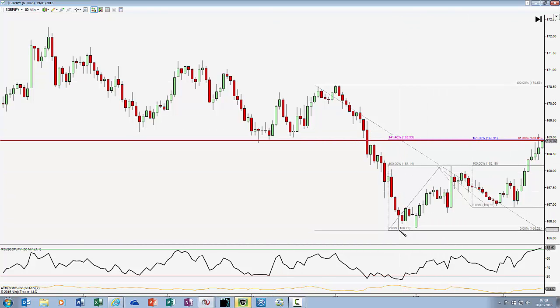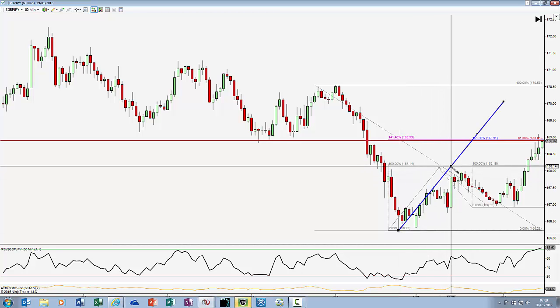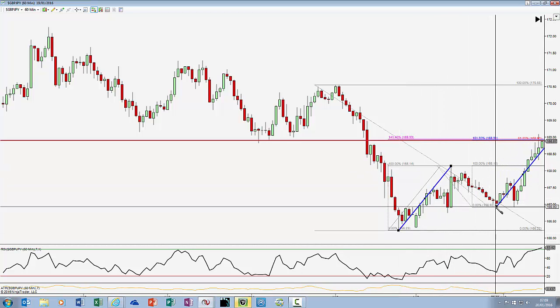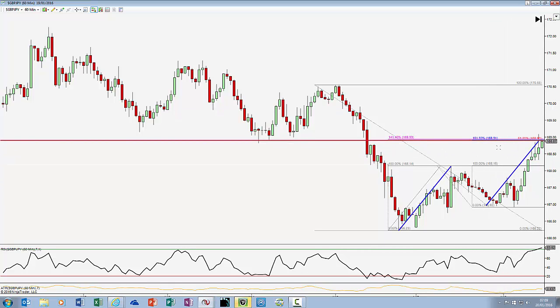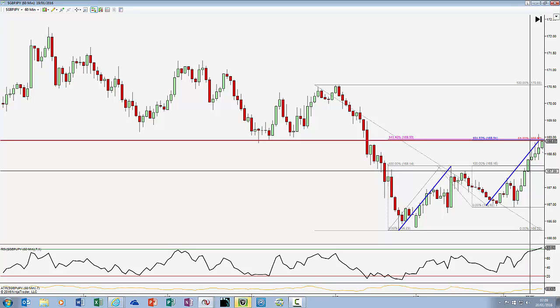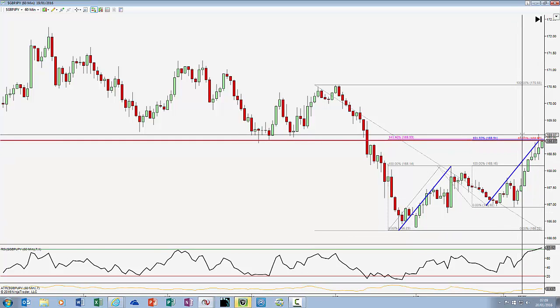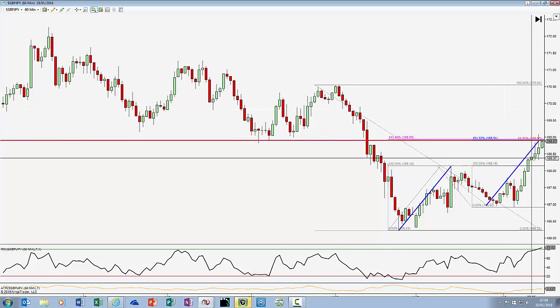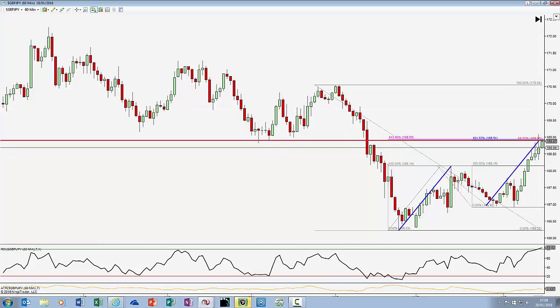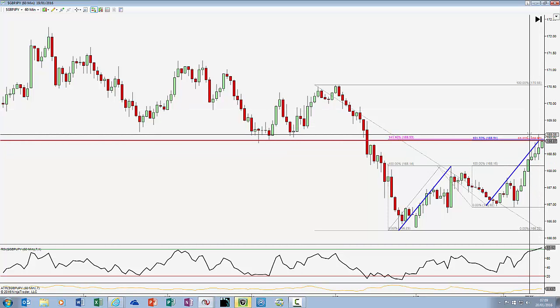We also identified that we had a harmonic move, a perfect ABCD pattern up there. So all we were looking at in this area for is a reason to get short, and we identified that the RSI was overbought. All I would need on this pair is either a double top on a lower time frame or a lower low, lower close candle.